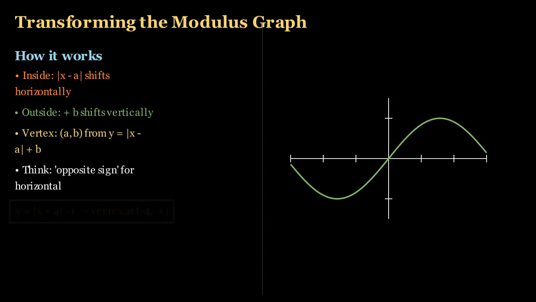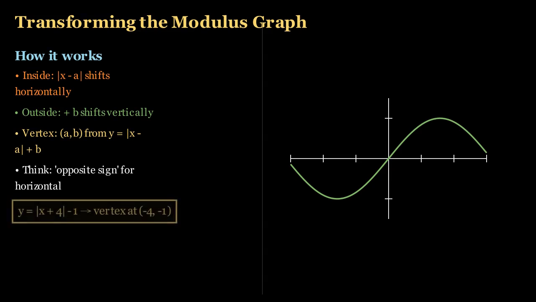Now, adding a number b on the outside simply lifts the whole graph up by b. If b is negative, it drops down. So the general form y equals |x - a| + b has its vertex exactly at the point (a, b). The horizontal shift comes from setting the inside to 0, and the vertical shift is just the number added outside.